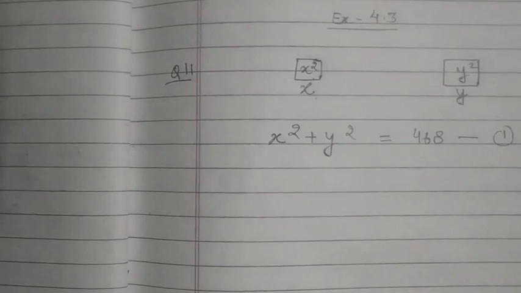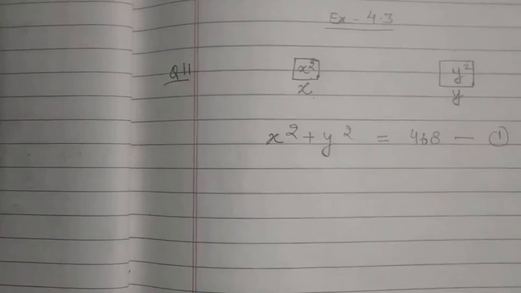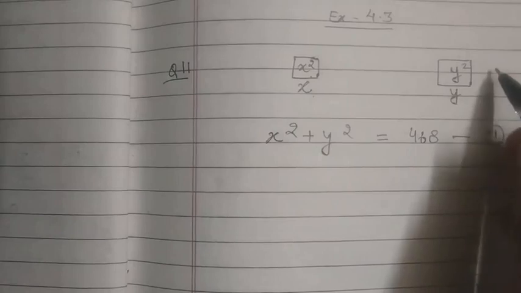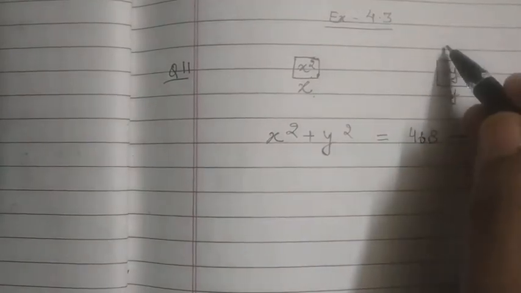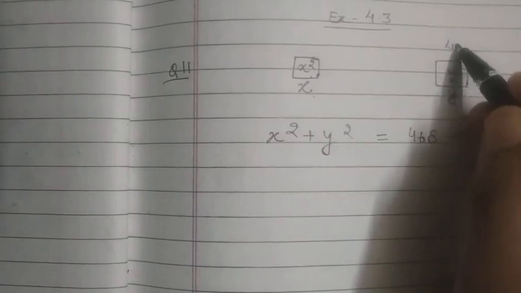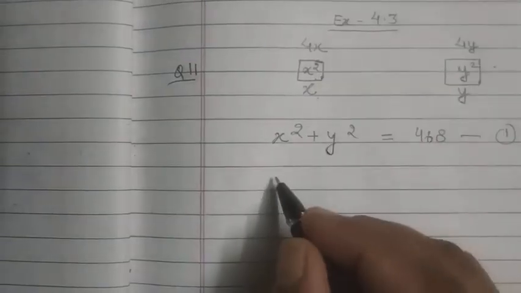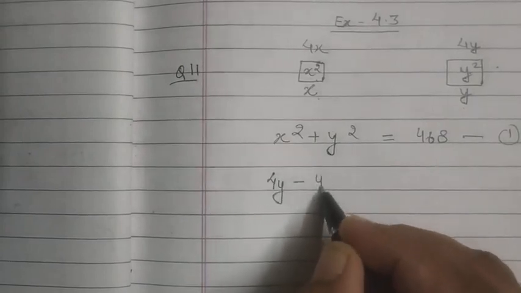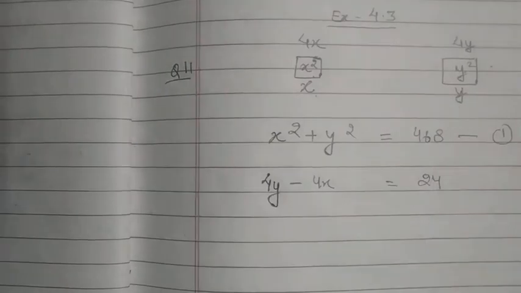Further in the question it is said that the difference of their perimeters is 24 meters. The perimeter formula is 4 into side, so the perimeter of the second square will be 4y, and the perimeter of the first will be 4x. Here we have assumed that y is greater than x, so 4y minus 4x, the difference of the perimeters, is 24.